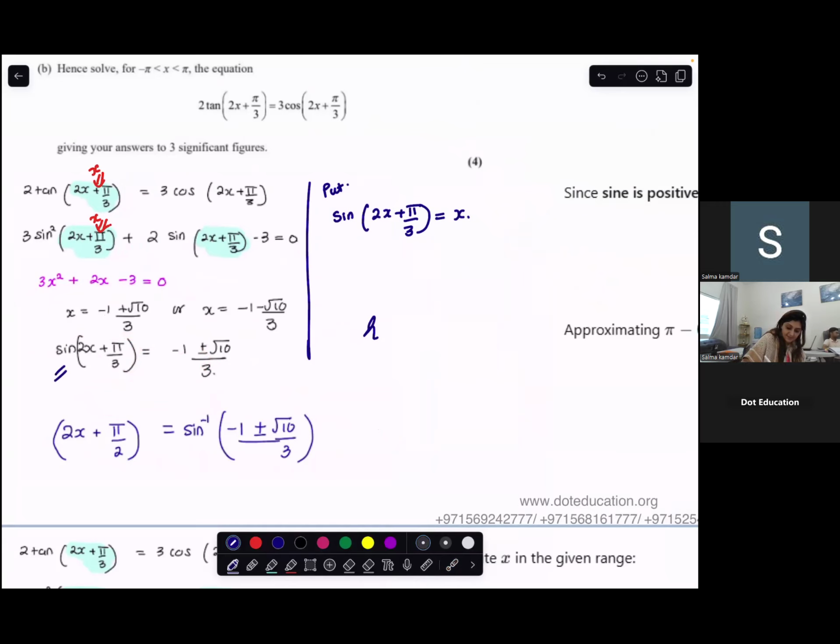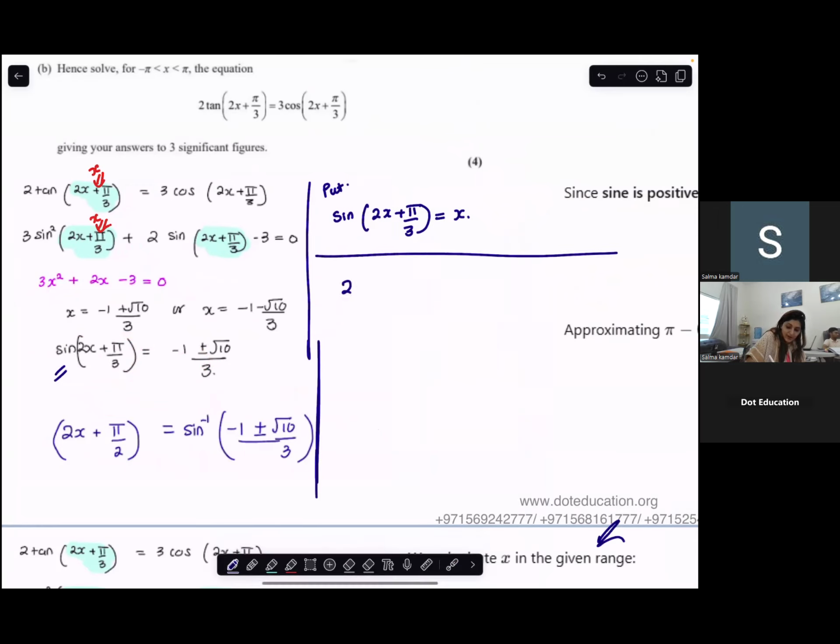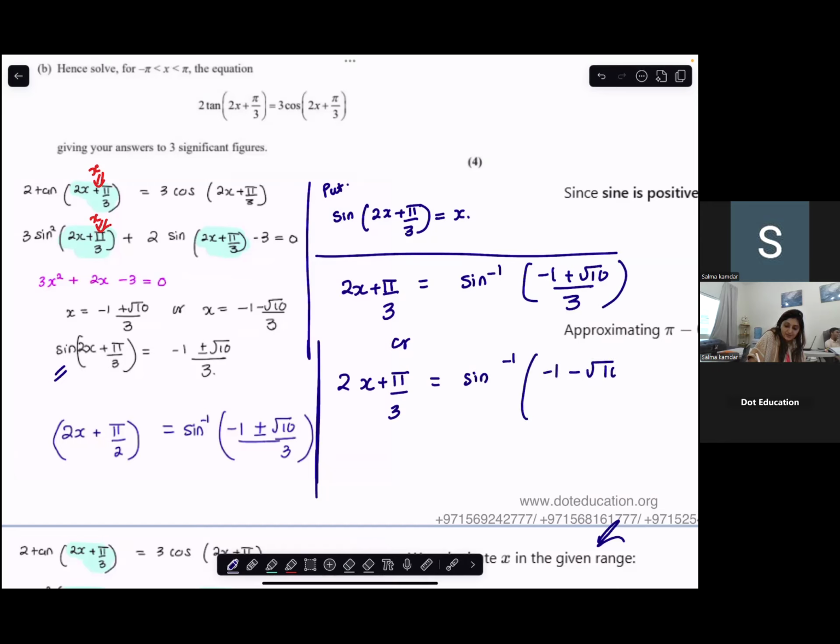Here, I'm doing this. I have two roots. I hope you're with me. So I would say 2x plus pi by 3 is sine inverse of minus 1 plus root 10 by 3. Or I could say 2x plus pi by 3 is equal to sine inverse of minus 1 minus root 10 by 3.